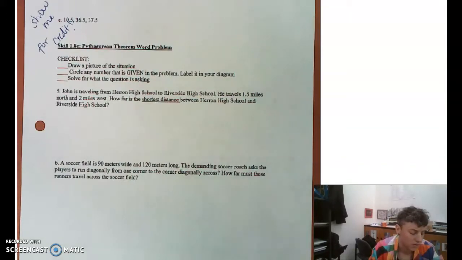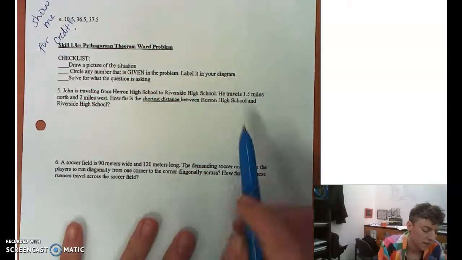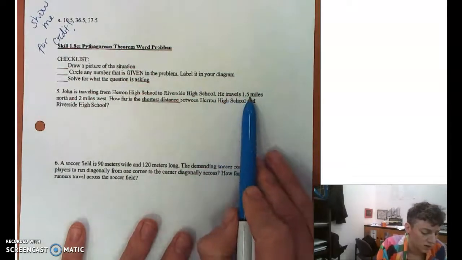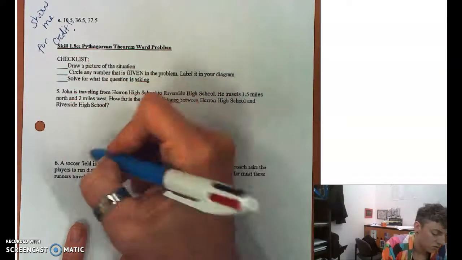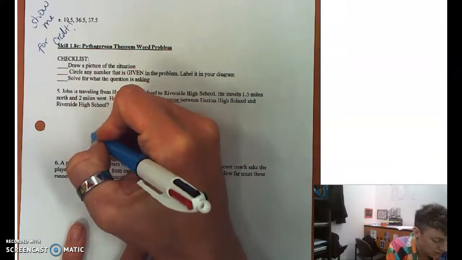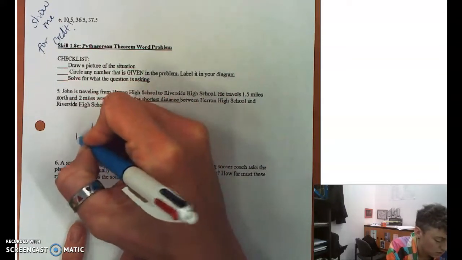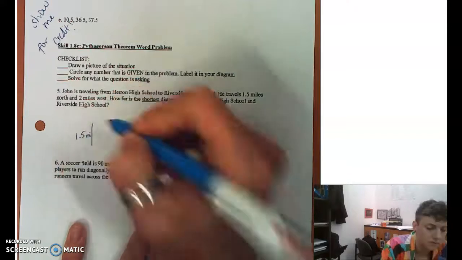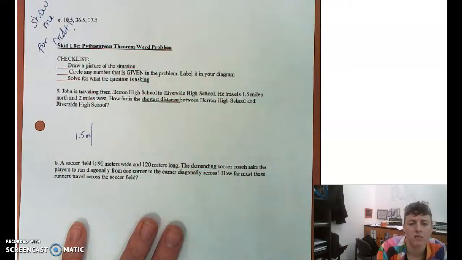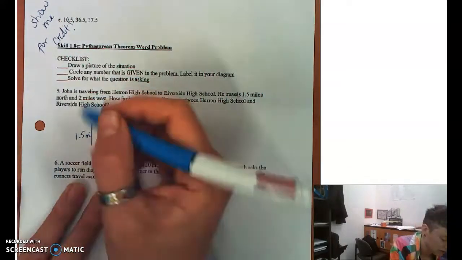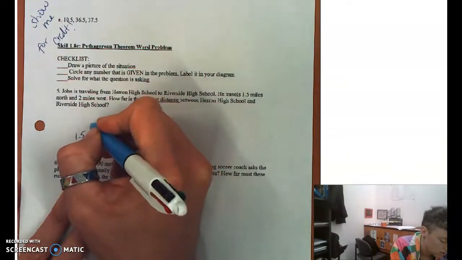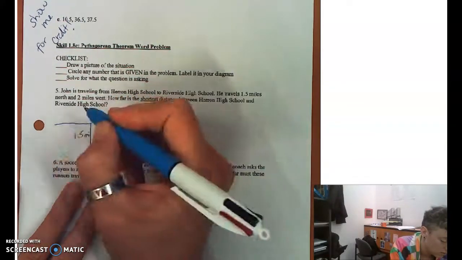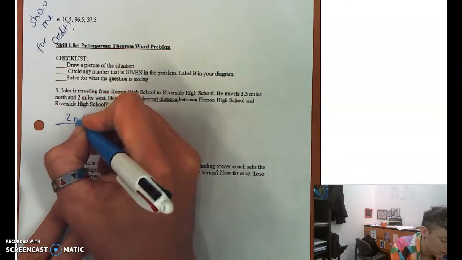So the first thing it says is draw a picture. John is traveling 1.5 miles north, meaning he's going up 1.5 miles. And then he goes west, which means he's going to the left 2 miles.